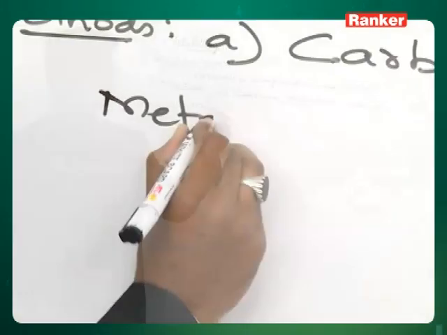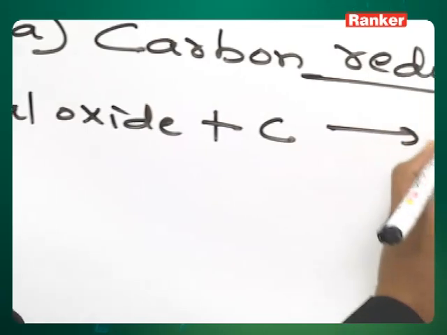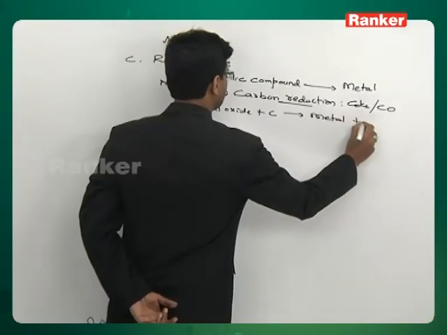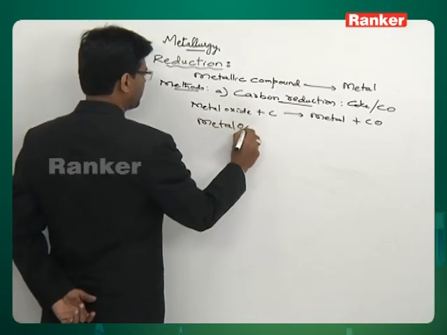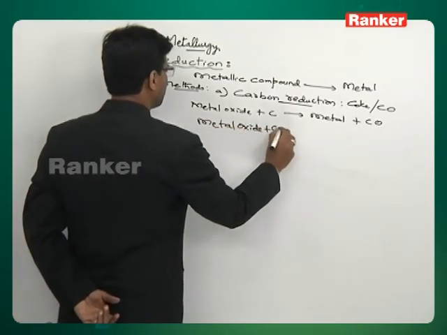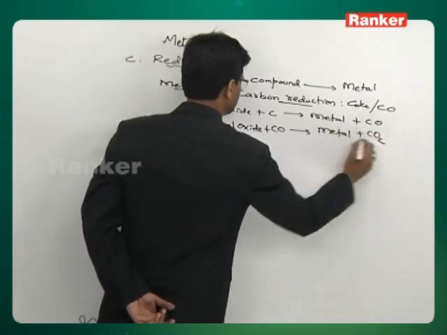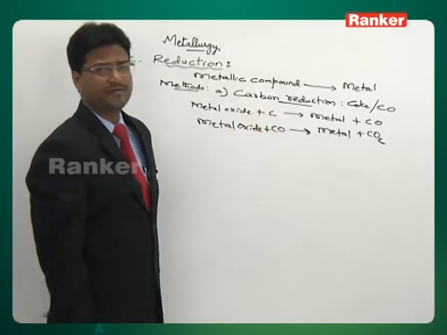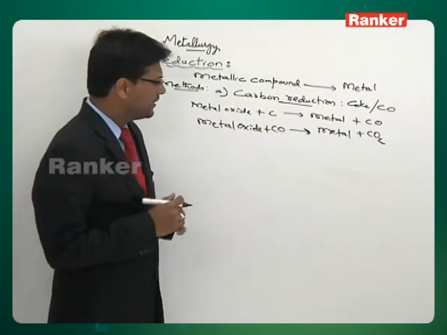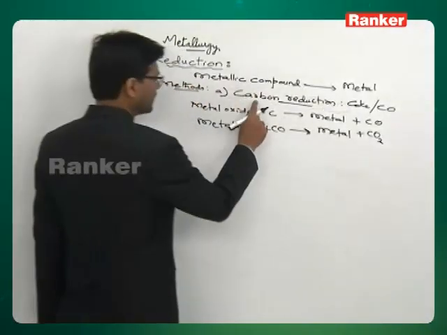Metal oxide plus coke gives metal plus carbon monoxide. There is also a possibility of this type of reaction: metal oxide plus carbon monoxide gives metal plus carbon dioxide. So whether you use carbon or carbon monoxide, metal oxide will be reduced to metal, and the process is called carbon reduction.